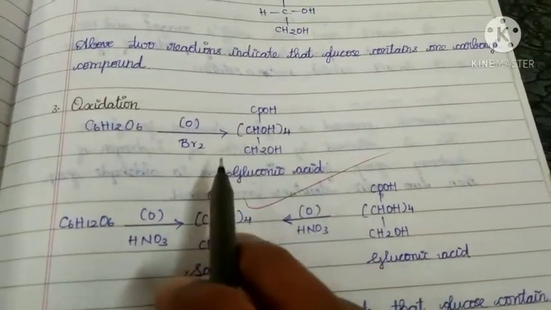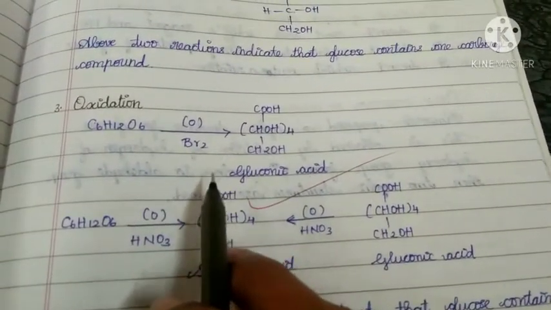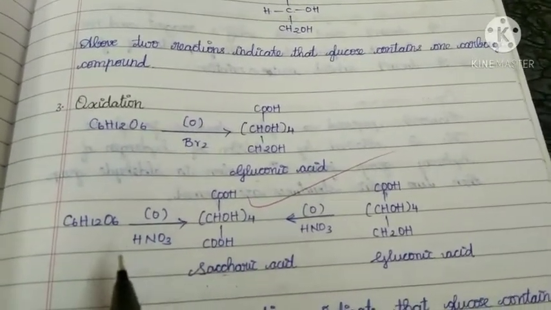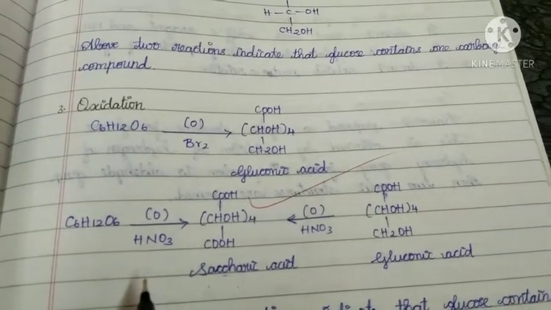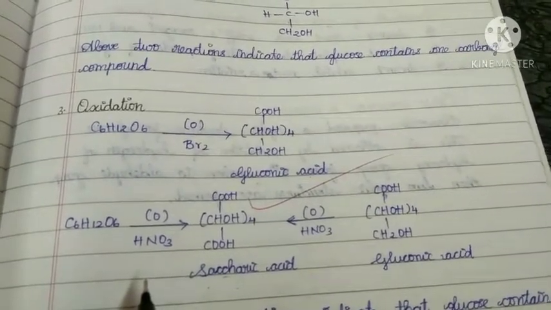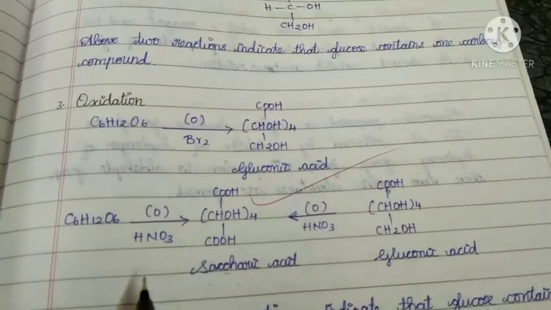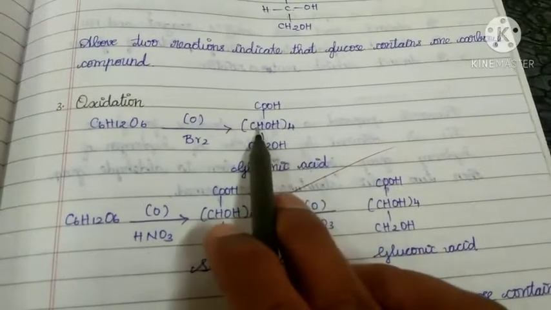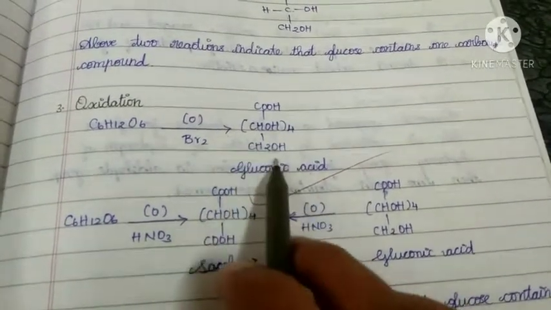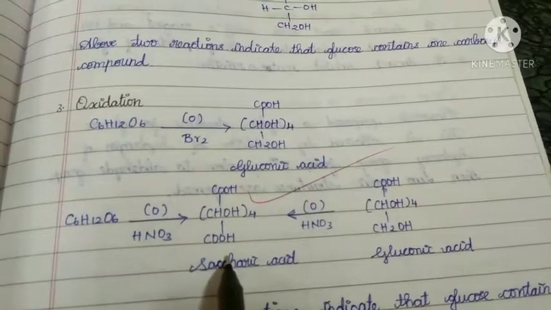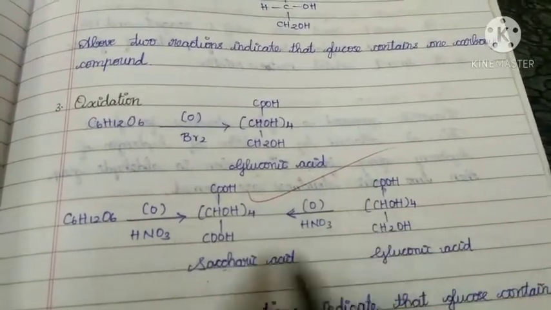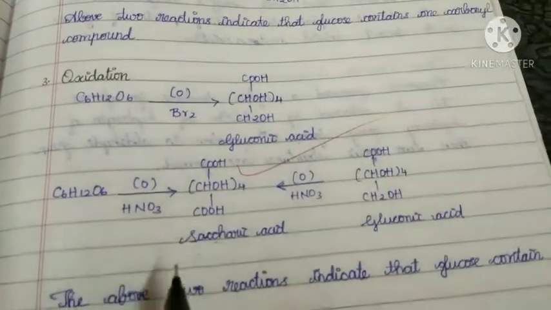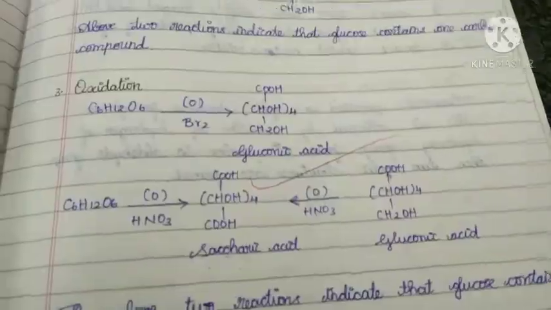Here how many carbons? 6. Here, 1, 4 carbons, 5 plus 1, 6. This is acid. Here also 6 carbons in the carboxylic acid. From this point, what we can say? Glucose contains aldehyde group. That is one of the points.